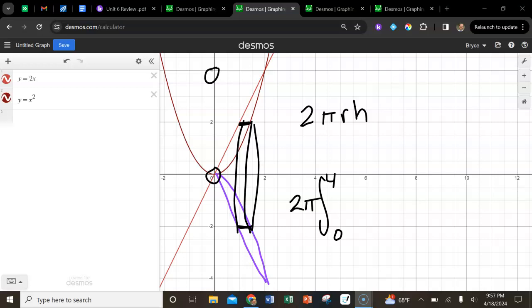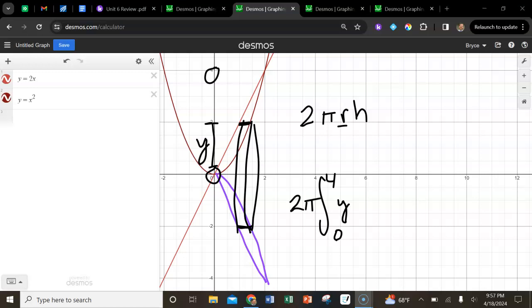And then the radius, unless you rotate around a line that is not the x or y axis, the radius is simply going to always be the y value or the x value to where the rectangle is. So our radius is simply going to be y or x, depending on if it's the rectangles are laying down, it's y. If the rectangles are standing up, it's x. Okay, that's not going to change unless you're rotating around a different line.